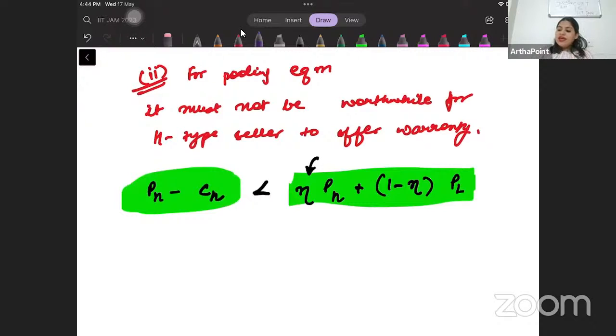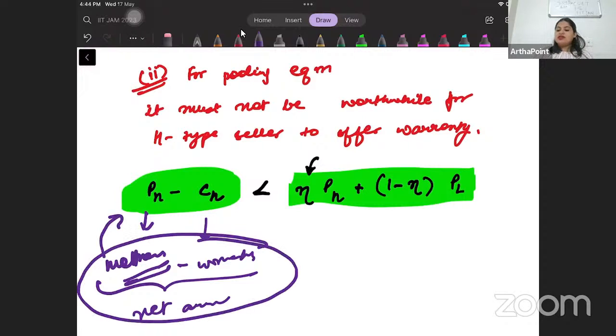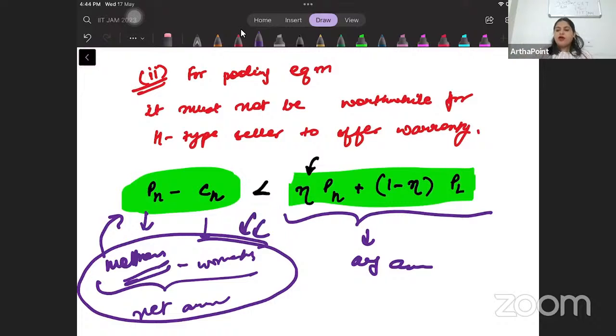थोड़ा समझो, PH मेरे को अपना मेट्रिक्स सेल करके मिल रहा है. I am getting this amount when I sell the matrix. इस पे मेरे को ये वारंटी देनी पड़ रही है, तो जो मेरा नेट अमाउंट है वो इतना पड़ रहा है. अगर मैं वारंटी देती हूं, if I give warranty on my matrix, the net amount I will get from my matrix is this much. और अगर मैं वारंटी ना दूं और अगर मैं पूल करूं, if I go for an average amount जो भी मार्केट में चल रहा है उस एवरेज पे अपनी मेट्रिक्स को बेच दूं, I will get this amount. तो बेटा अगर ये एवरेज अमाउंट ग्रेटर है than the amount I get after providing warranty, तो there is no reason now why I will go for the warranty.